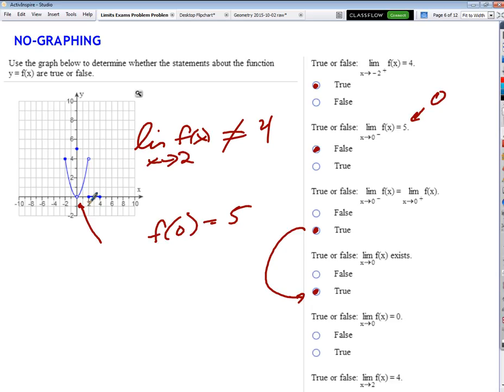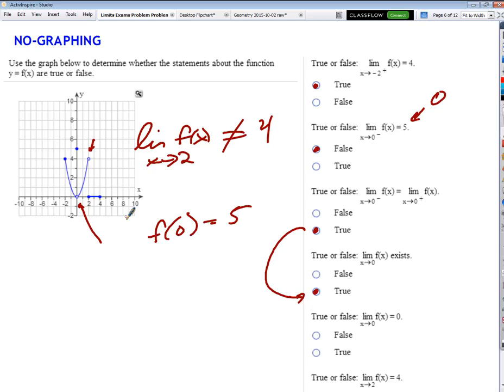As we walk along the function from this side, the limit just asks us, based on the function, where do we anticipate being when x is 2? As we approach from the left, we think we're going to step right there. The limit doesn't care where we actually step. It's just where do we think we're going to step.